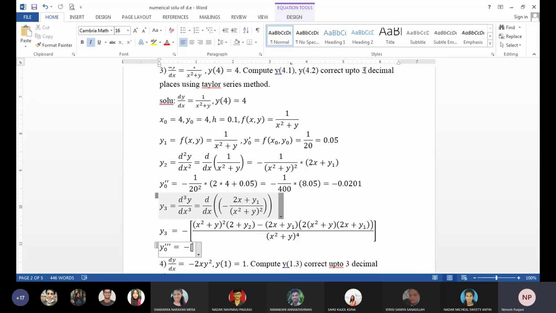So when x is equal to x naught, x square plus y तो मेरा हो जाता है 20, तो ये हो जाएगा 20 का स्क्वायर 2 plus y2 when x is equals to x0 is y0 double dash, that is minus 0.0201 minus 2x plus y1, so 2 into 4 plus y1, that is 0.5 multiplied by 2 times x square plus y, that is 20, and again it is 2x plus y1.